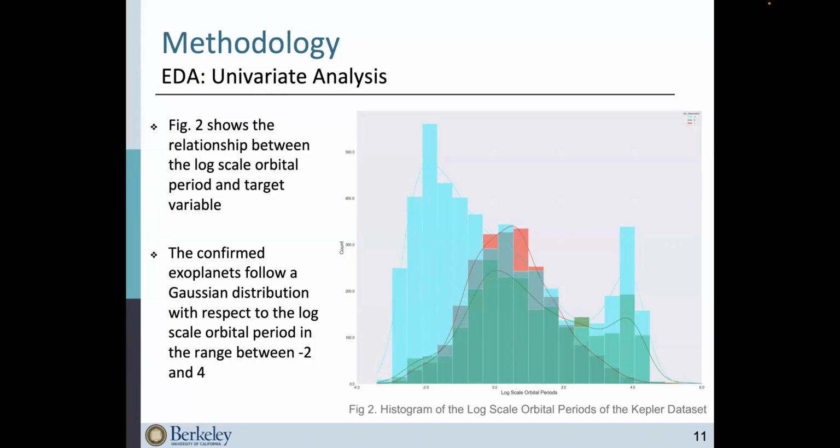The confirmed exoplanets are labeled as red, the false positive samples are labeled as blue, and potential samples are labeled as green. From this histogram of the log scale orbital periods of the Kepler dataset, we can find that the confirmed exoplanets follow a Gaussian distribution with respect to the log scale orbital period in the range between -2 and 4.